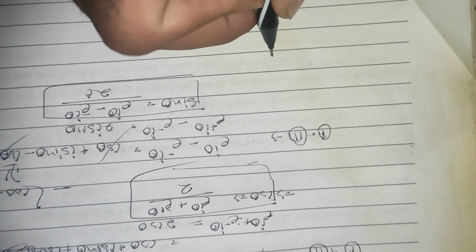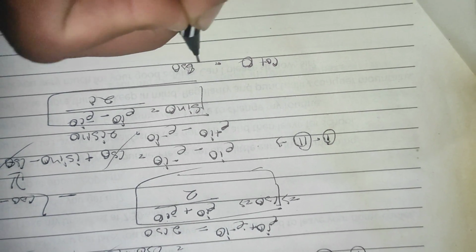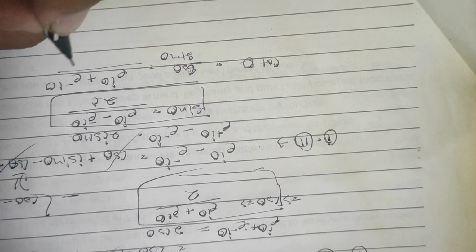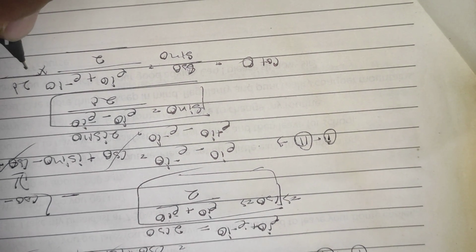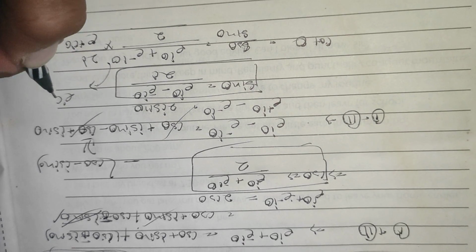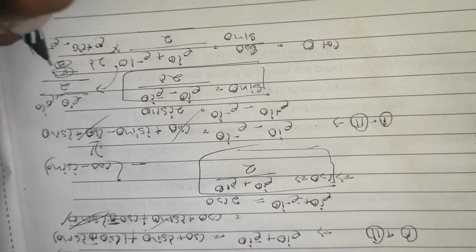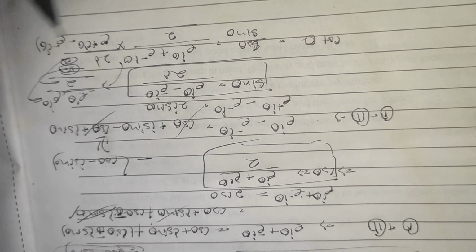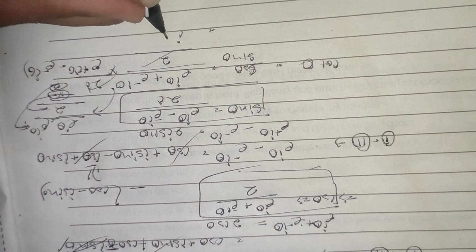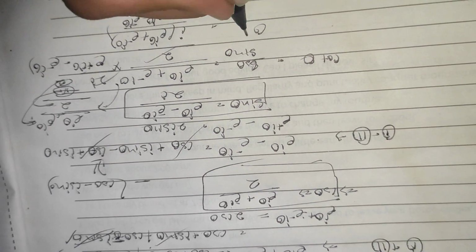For example, cot theta is cos theta upon sin theta, so we get e to the power iota theta plus e to the power minus iota theta, divided by 2, upon e to the power iota theta minus e to the power minus iota theta, divided by 2 iota. The 2 cancels, and the denominator moves to the numerator. So cot theta becomes iota times e to the power iota theta plus e to the power minus iota theta, divided by e to the power iota theta minus e to the power minus iota theta. This is cot theta.